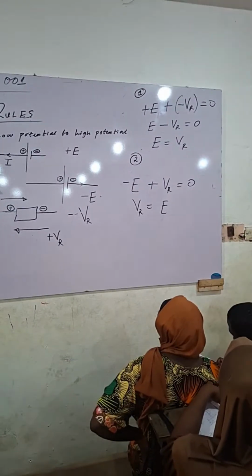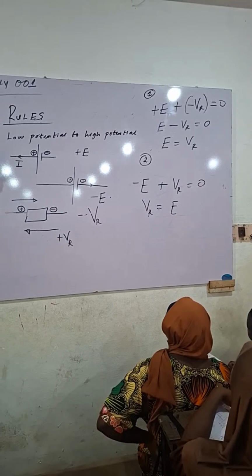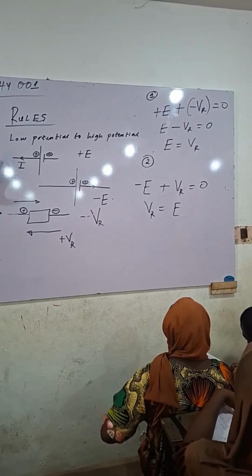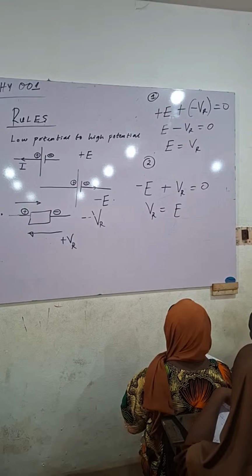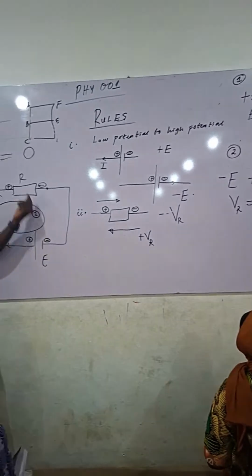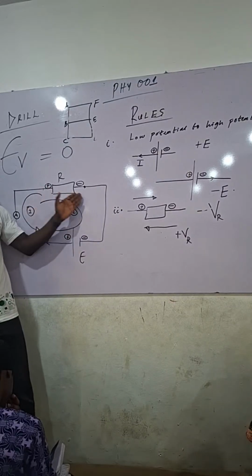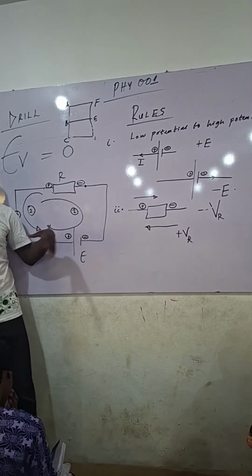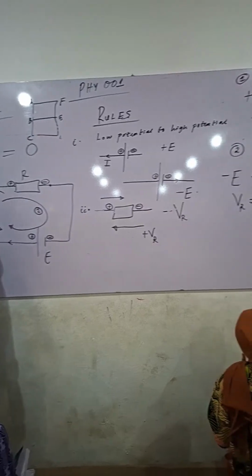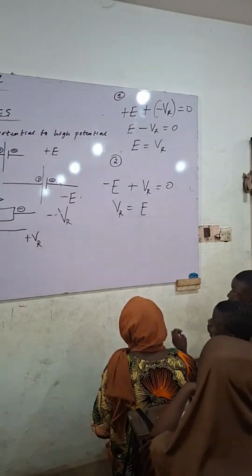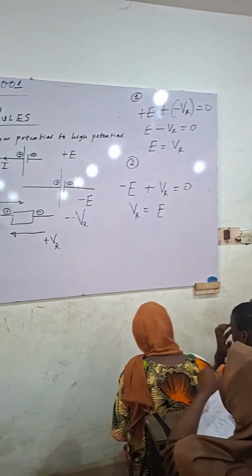You will do it when you get to 100 level. And this is the major thing that used to give a lot of people problems. They don't know how to sort this part. And the moment you can't sort this part, you can't get anything. So if you don't know how to assign your signs, you can't get anything. So that's the major problem. But now you know. So I don't expect you to have issues.